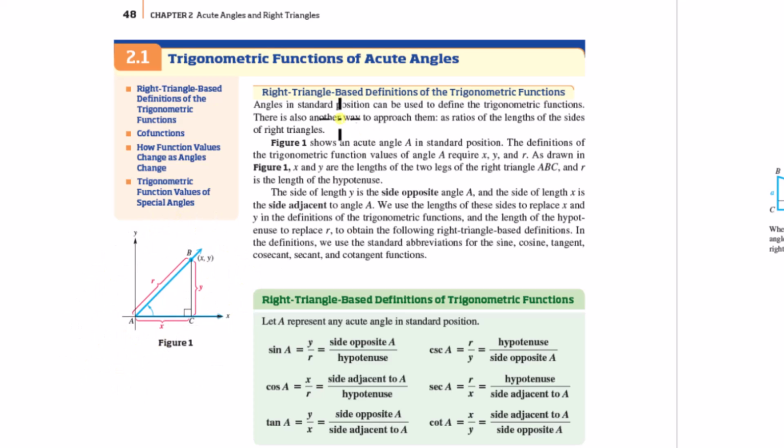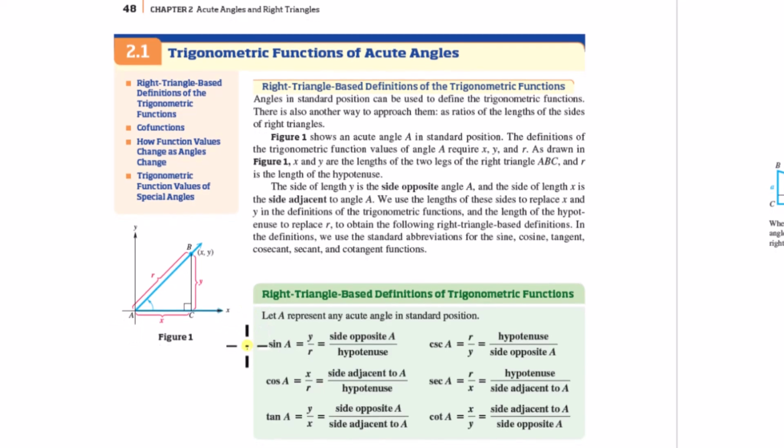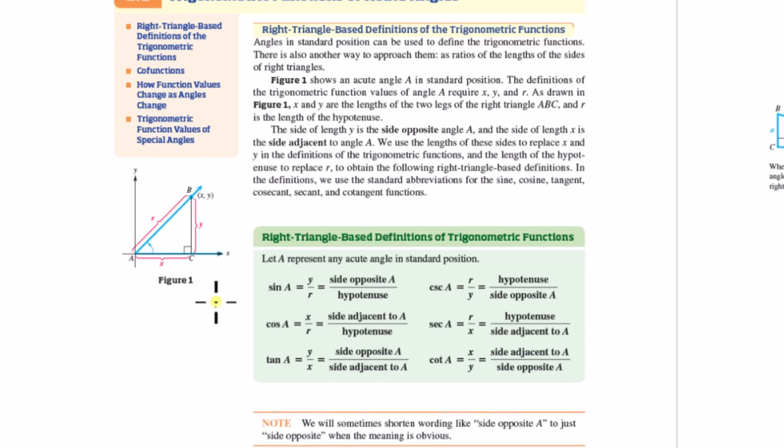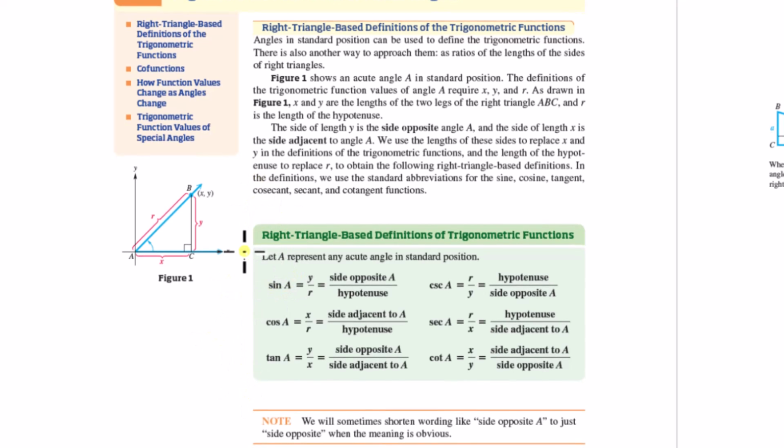However, this right triangle-based definition of trig functions goes a little further than the general definition, because with the general definition, we never think about trig functions of this angle over here in the right triangle. We're always focusing on the angle that has its vertex at the origin. Here I don't think they say SOHCAHTOA, but they're referring to the right triangle-based definitions of trig functions.